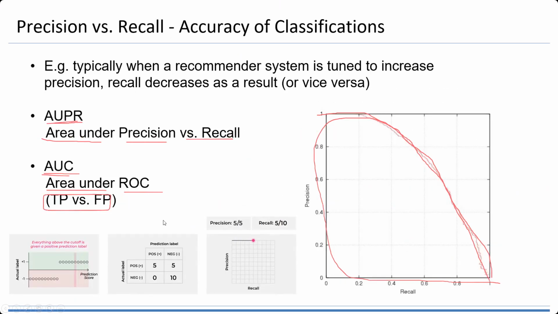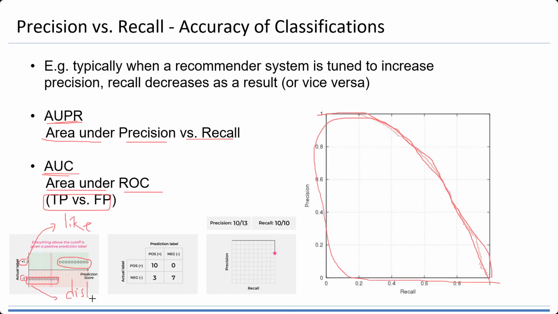So this is an animation. We can look at it. This is the actual label. You can see here there are 10 data with plus 1, for example like, and 10 data with minus 1, which is dislike.